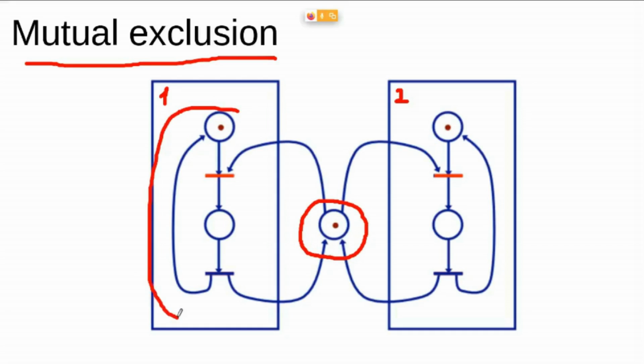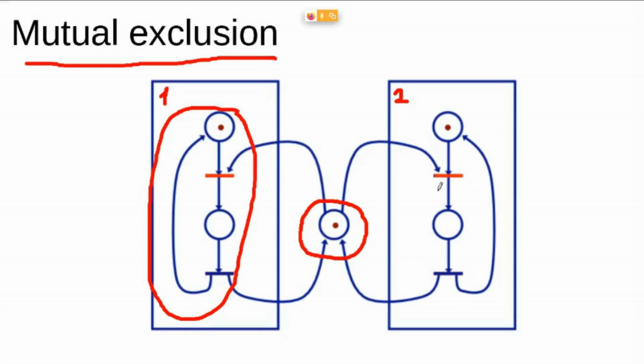When a process is working, this inhibits the other process from working. So when this transition is fired, it makes the other transition not enabled. So process number 2 cannot go on if process number 1 is working. And the same the other way around, okay?